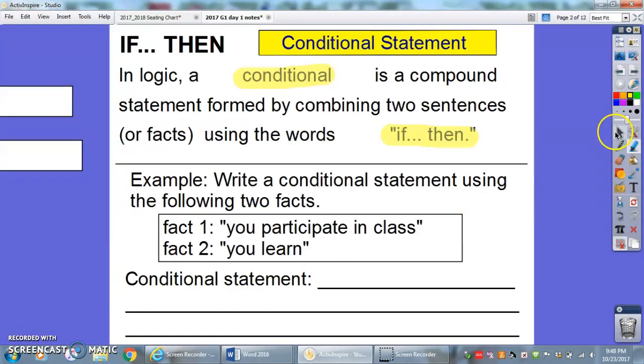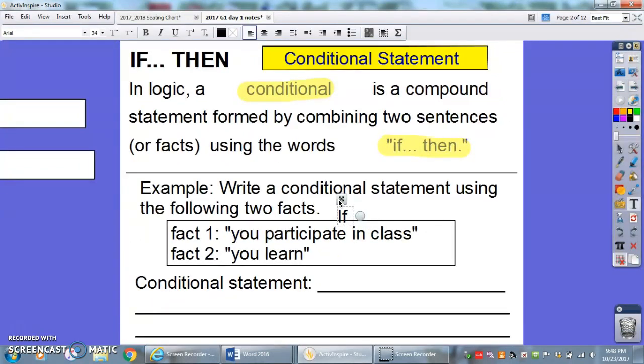So it's pretty simple. An example here: we have a fact, you participate in class, and another fact, you learn. I'm going to combine those two using the words if and then. So, if you participate in class, then you learn.